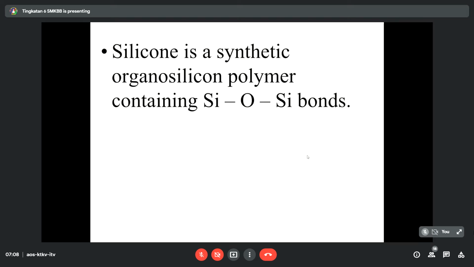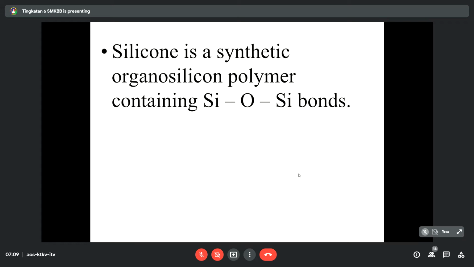Okay, so silicone, of course, is a synthetic, man-made organosilicon polymer. That means containing Si, O, Si, O, Si, O, and no ending bonds. That means this is the backbone, because Si is similar to carbon, group 14.